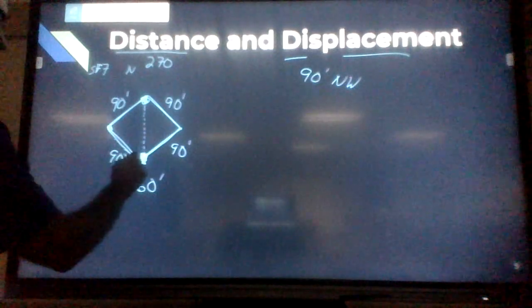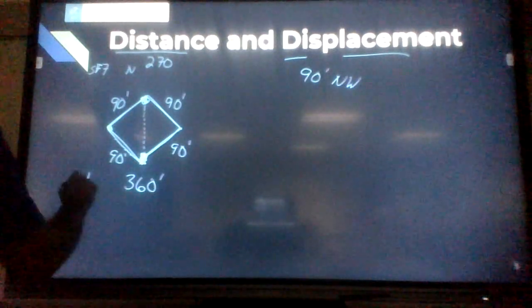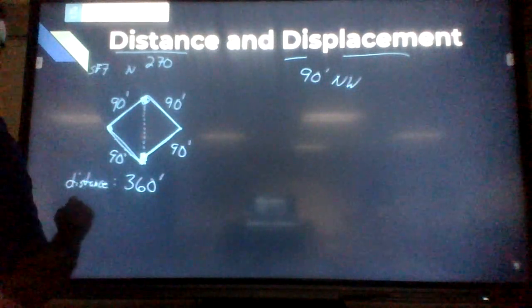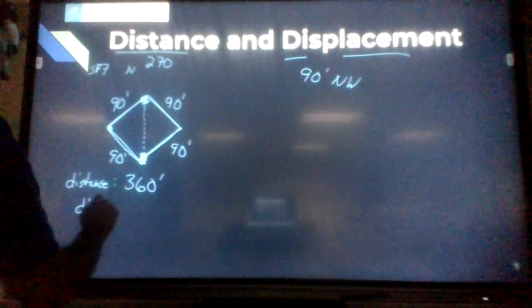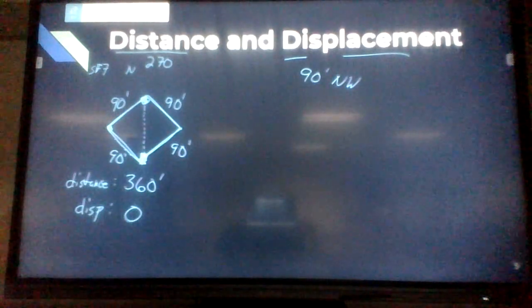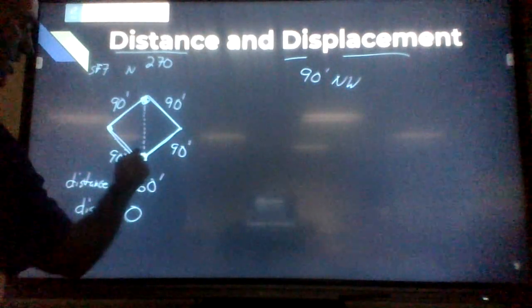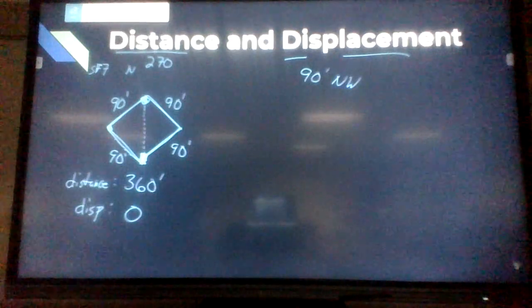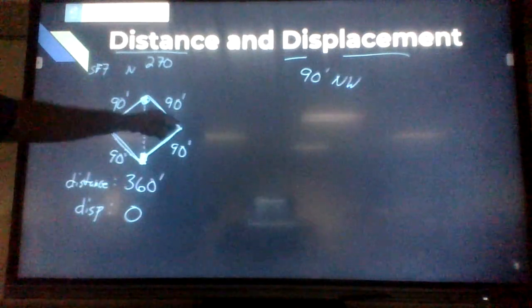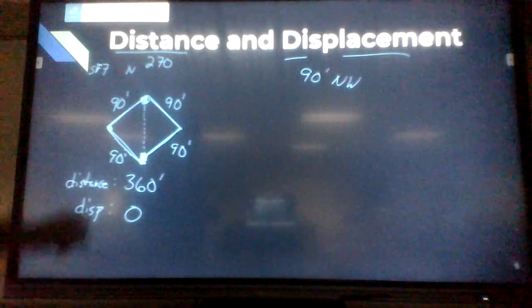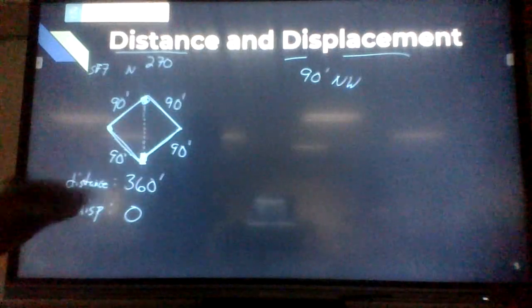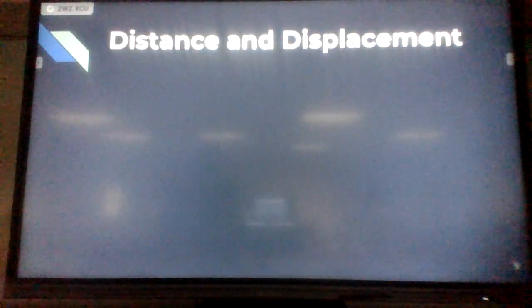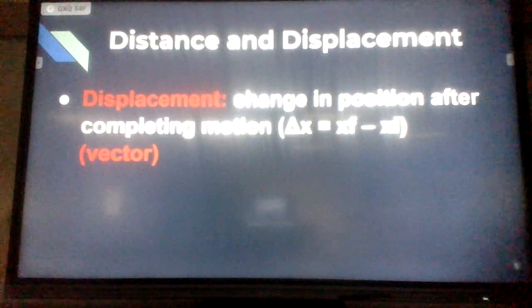But my displacement, this is distance, but my displacement now is 0 because I am right back where I started the moment I touch home plate. Even though my step counter would go to 360, displacement is where I end up and how far from the starting point I was.